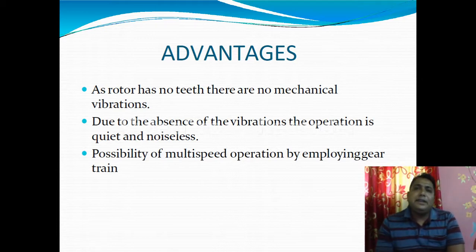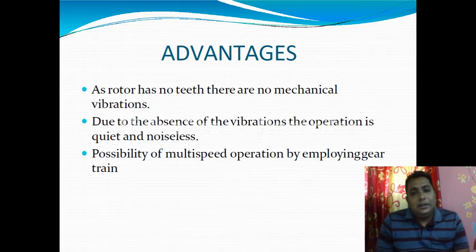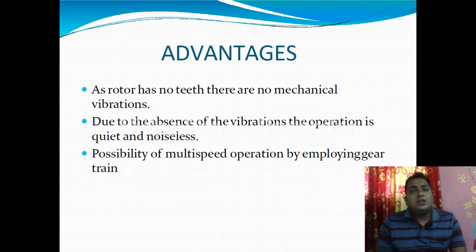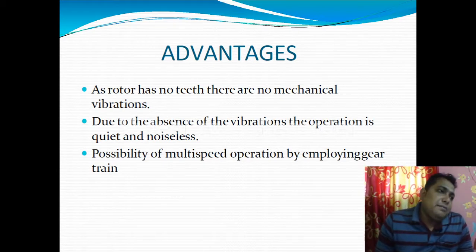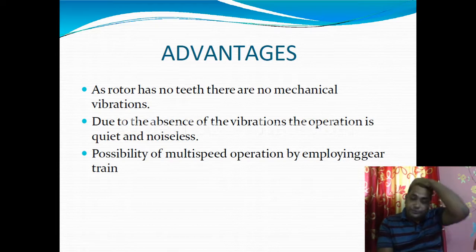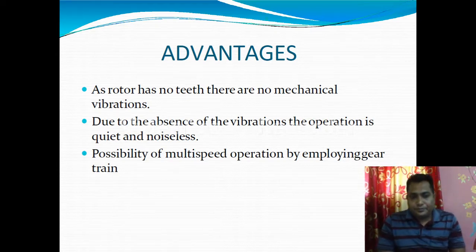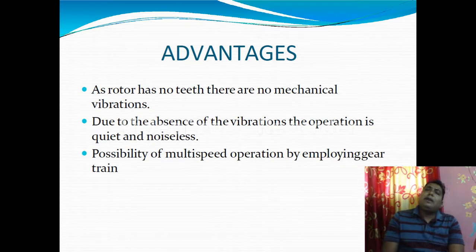In this motor we have a rotor ring, not that kind of rotor which has slots in the outer or inner periphery with windings over it. Only high grade magnetic material is used, and over that there is a generation of magnetic poles. There are no teeth, so there will be no mechanical vibration.